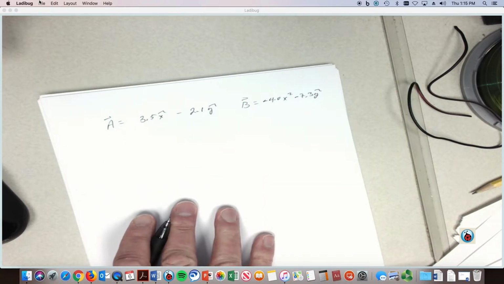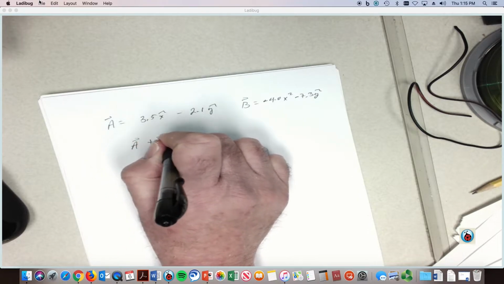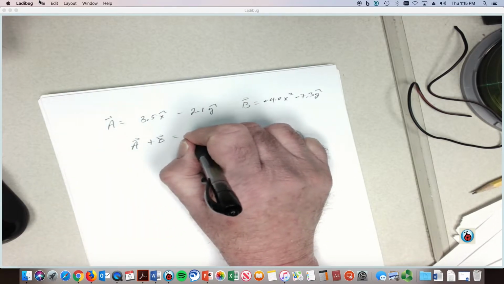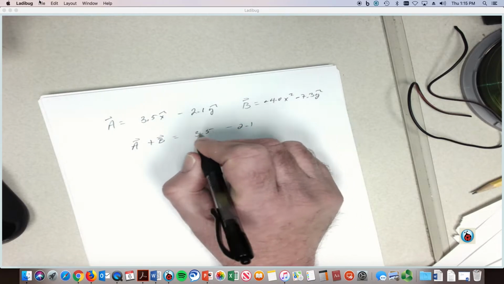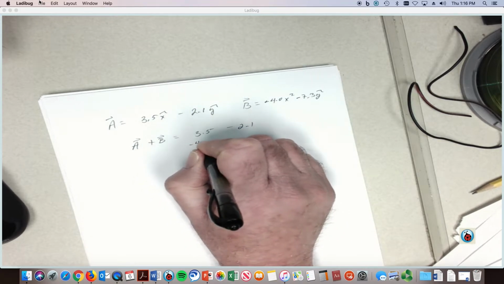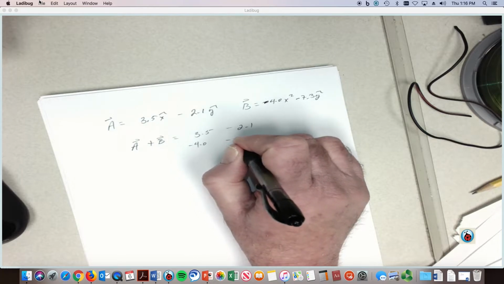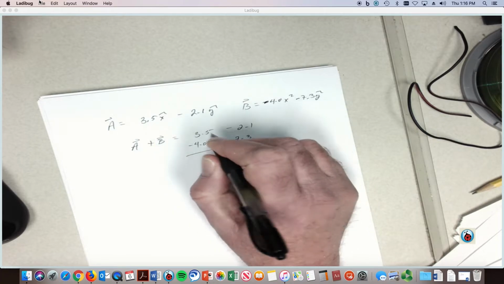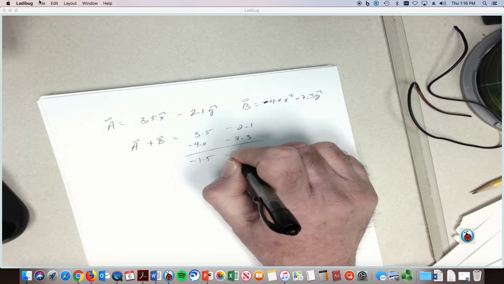Okay? So A plus B, pretty straightforward. That'd be 3.5 minus 2.1. This is negative 4.0, make sure we keep it straight, and minus 7.3 because we're adding everything. So this would be negative 0.5 and, adding those two, minus 9.4.